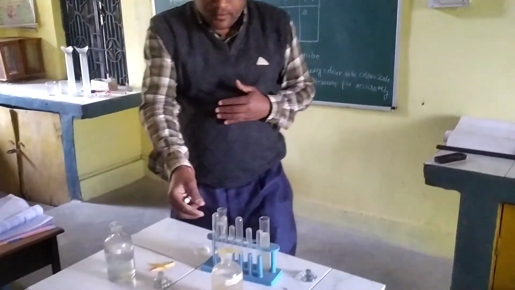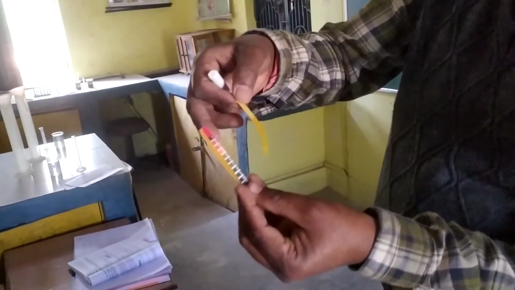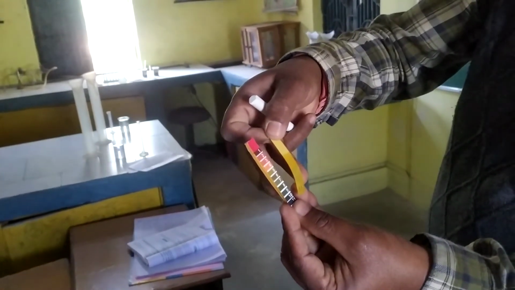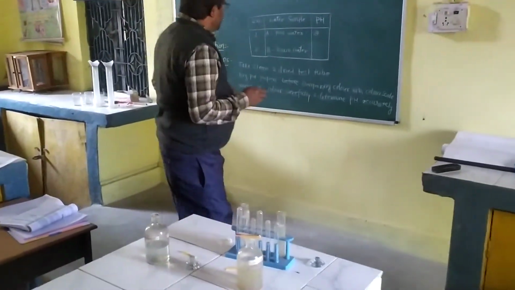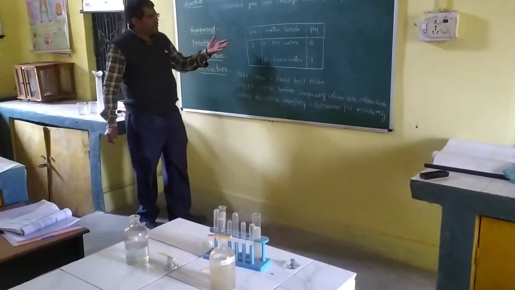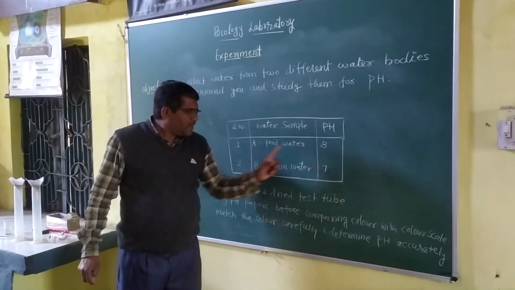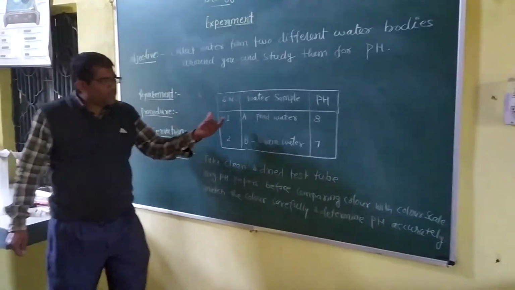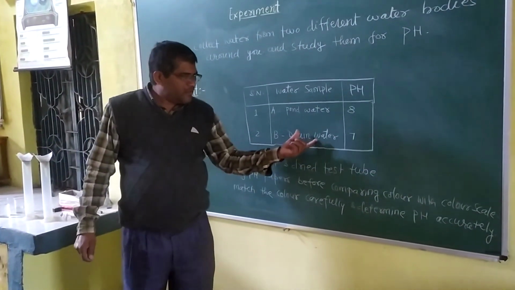Then the drain water, when we match it with the pH scale, matches with pH 7. So 7 is the pH of the drain water. Thus we have measured the pH of pond water as well as drain water. The observation is that the pond water pH is 8 and the drain water pH is 7.